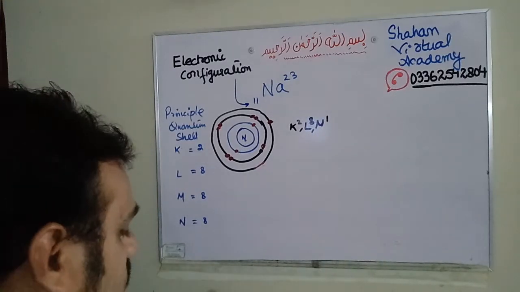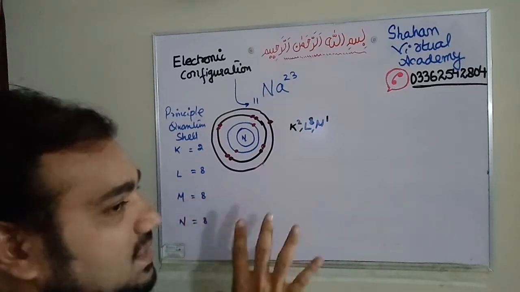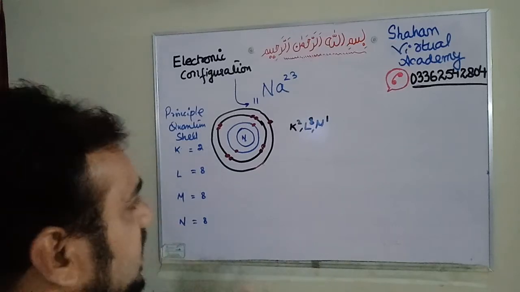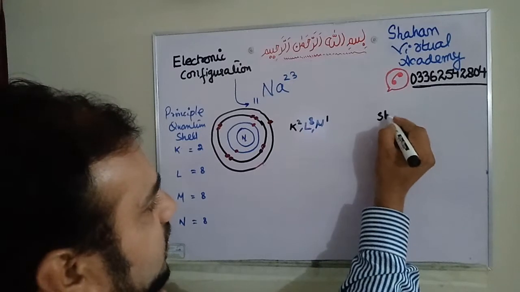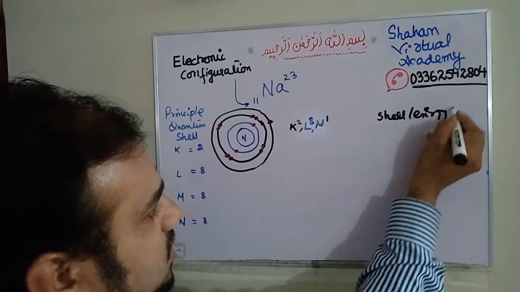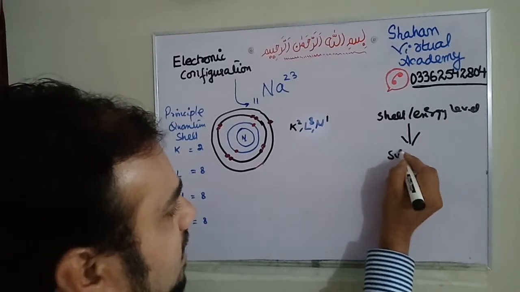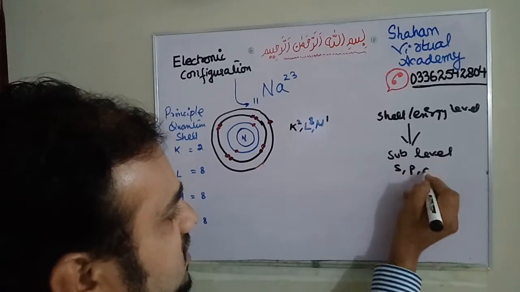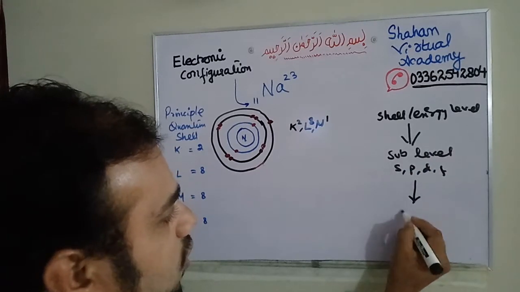Now this is the electronic configuration of principal quantum energy levels, which are called shells. From shells, we go to energy levels, then to sublevels: S, P, D, F. From the sublevels, we will go to orbitals.